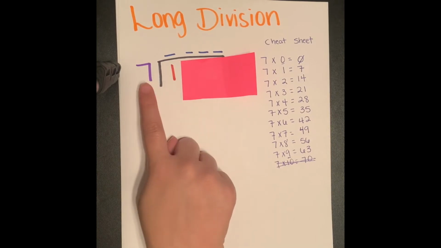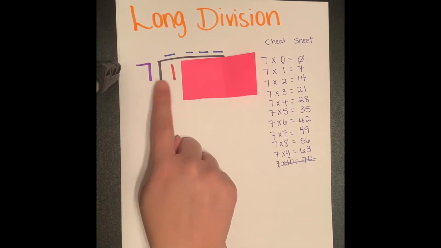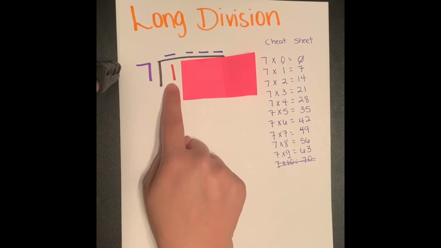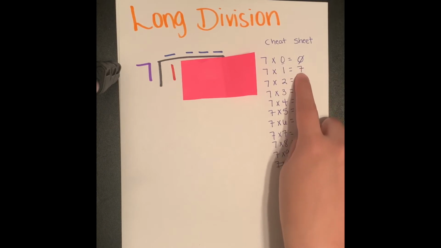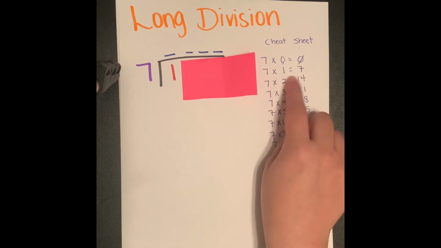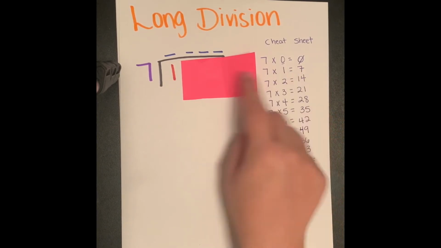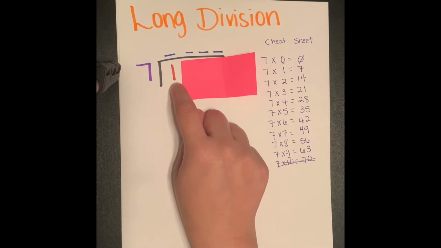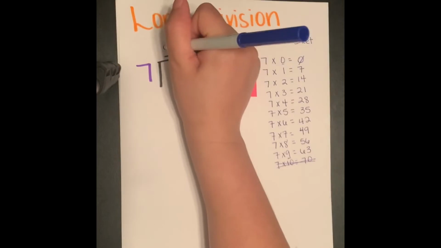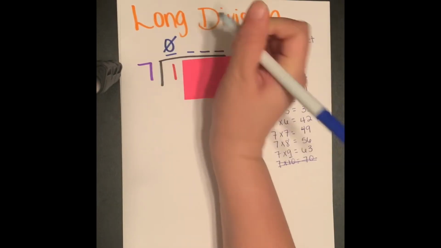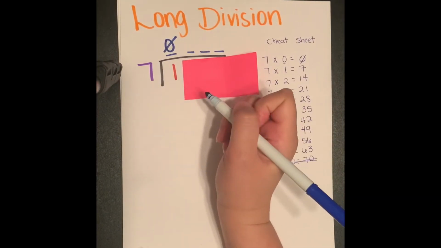If I go to the $7 store and I only have $1, can I buy anything? Well, no, because 1 item is $7, but I only have $1. So I would say I can buy 0 items with $1.